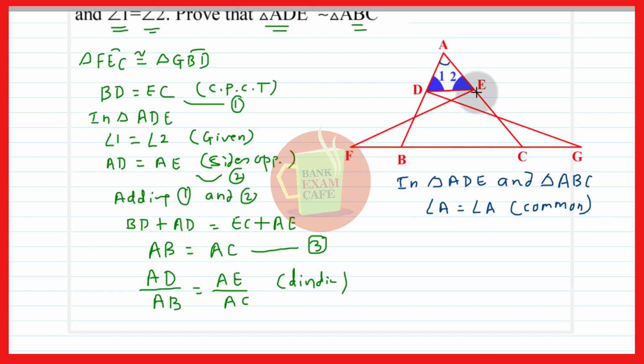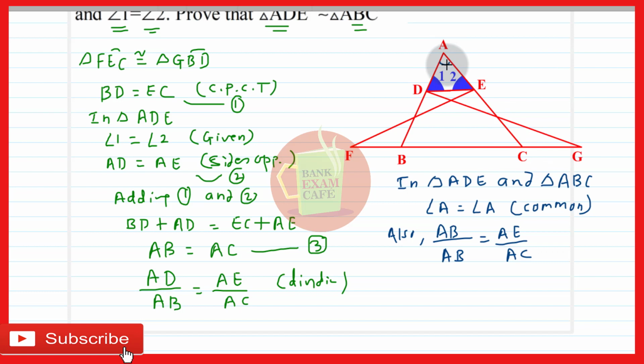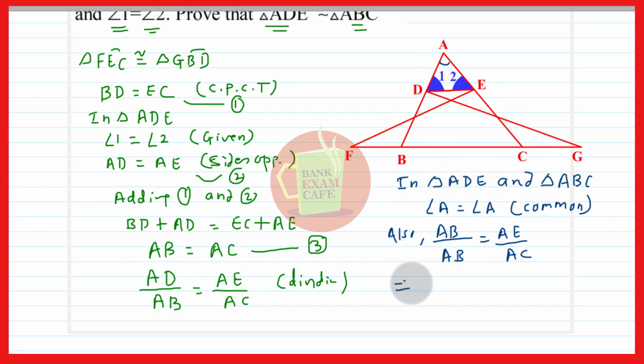This angle A is in triangle ADE as well as in triangle ABC, so it is common, and this ratio is also equal: AD upon AB is equal to AE upon AC. Their included angle is also equal, and therefore by SAS similarity we can show that these two triangles are similar.